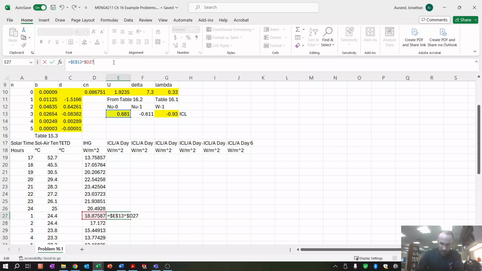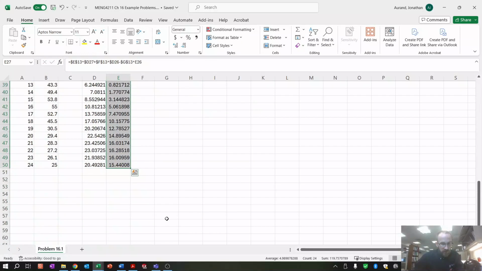And then we're going to add to that nu 1 F4 times our previous heat gain. And I'm going to put a lock on the D column on that. And then we minus omega 1 F4 times our previous ICL times this guy. So there's that, fill that down. So there's that bit.